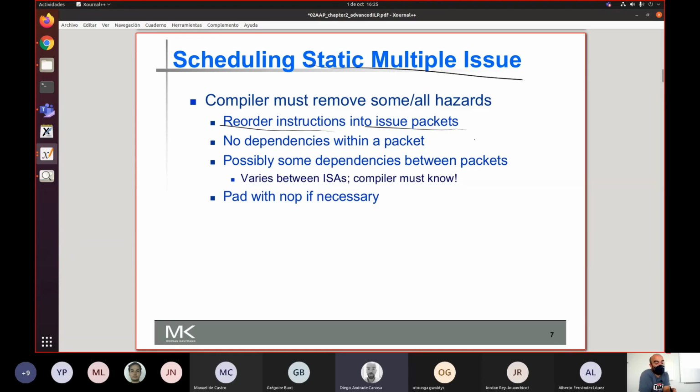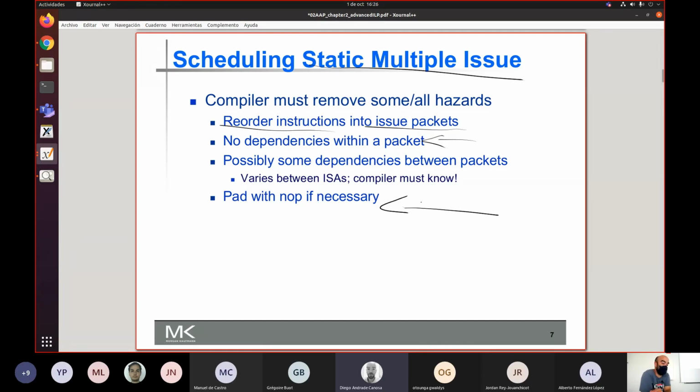Because if there is, then this is going to be a problem because the semantics of the code can change. In some cases, you are not going to have a sufficient number of instructions to be packaged together.